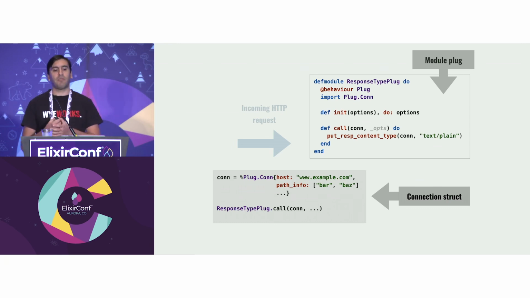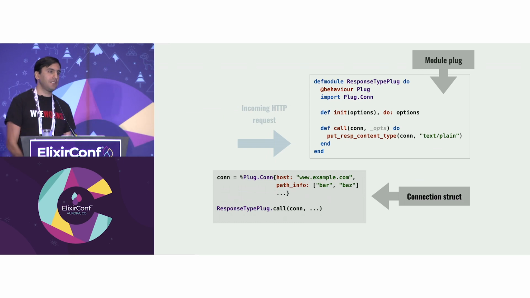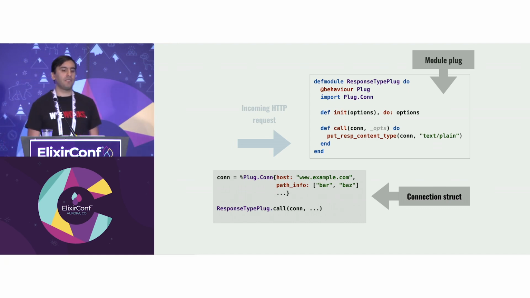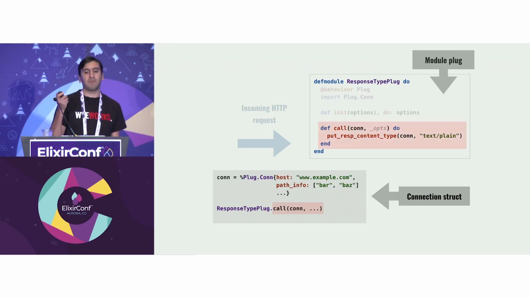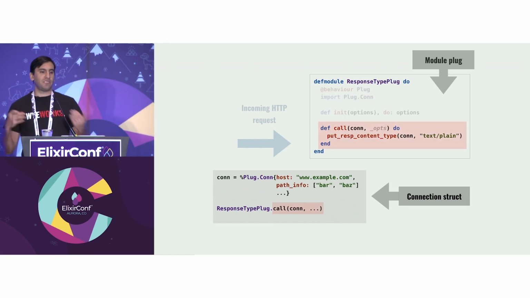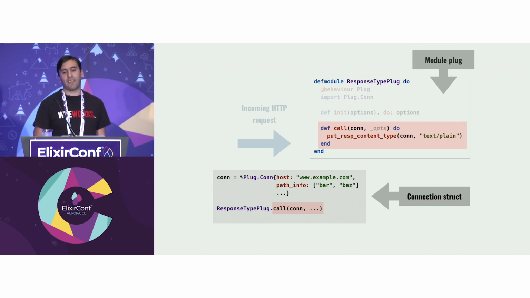A module plug is a plug that implements the plug behavior that is defined by the plug library. Of course, the plug library is a very important dependency of our project. The most important part is to implement the call function, which is the one that is going to receive a connection struct and return another connection struct with some sort of modification, usually additions or things that are modified.